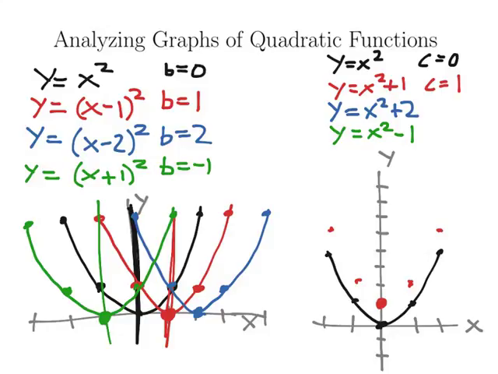So now it looks something like this. And keep in mind, because it's shifted up 1, it is strictly greater than everything below it. The red function is greater than the black function for every x and y value.